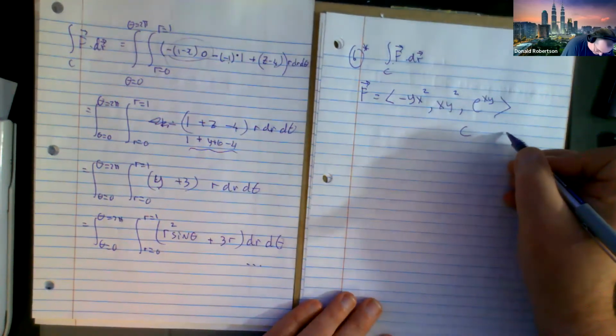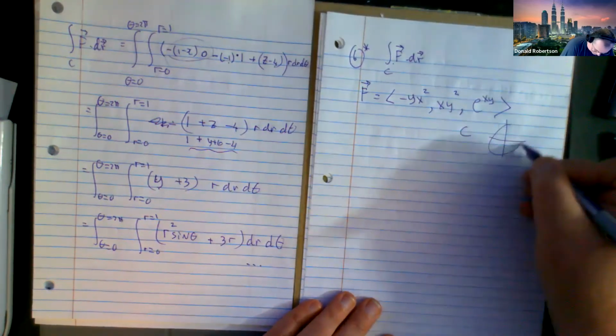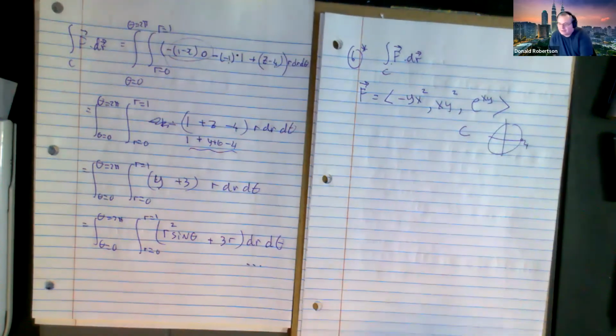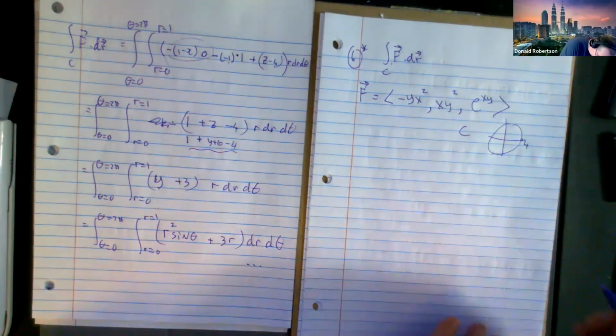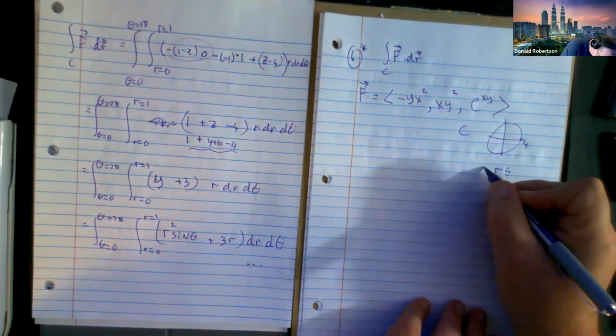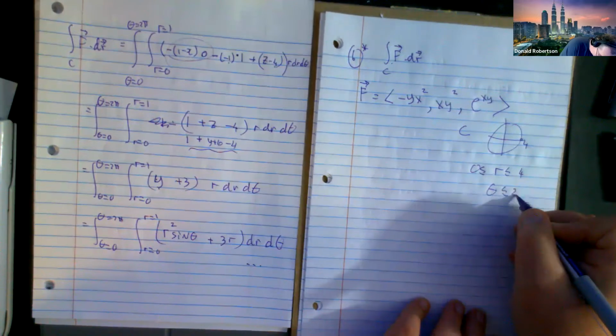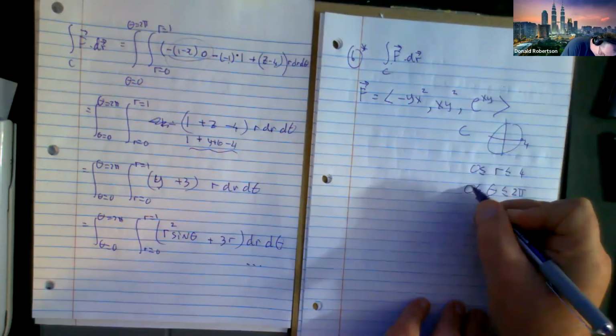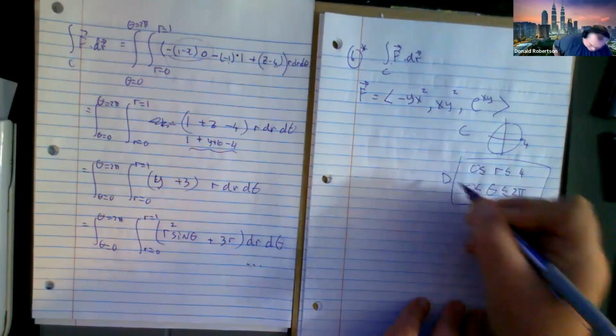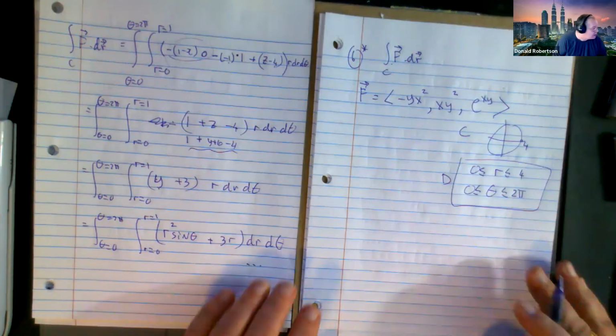They told us it is a circle radius 4. Oh, they gave you that one for free then. Of course, since it's a circle, and it's the whole circle, that means D is that region. Okay, I can live with that.